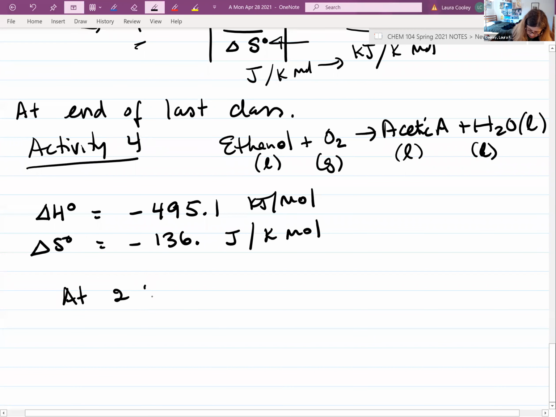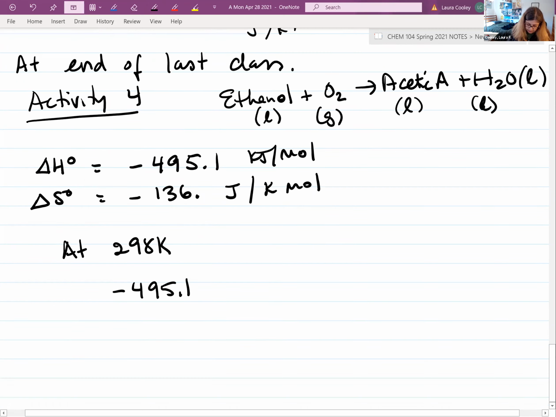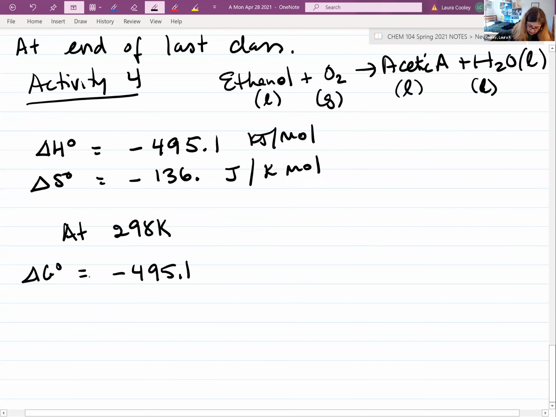We found out that at 298 Kelvin, 25 degrees C, if you take this delta H, minus 495.1, so now we formulate the delta G, minus T, which is 298 Kelvin.